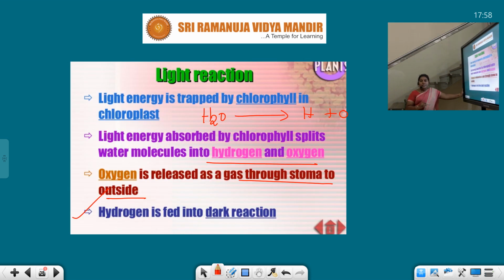So far we discussed the autotrophic mode of nutrition. Next, the heterotrophic mode of nutrition: we discussed saprotrophs, means all the fungi. Sapro means rotten, right? Some bacteria and fungi survive on dead and decaying matter and collect nutrients from it. This type of nutrition is called the saprotrophic mode of nutrition.